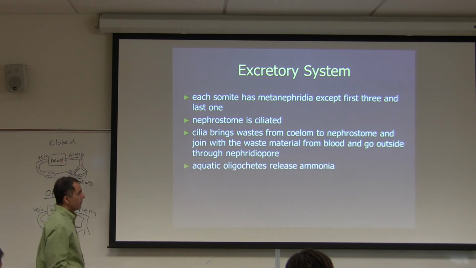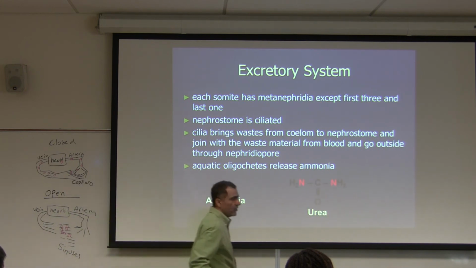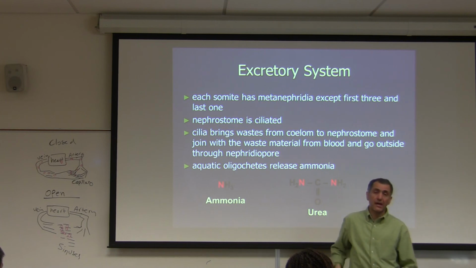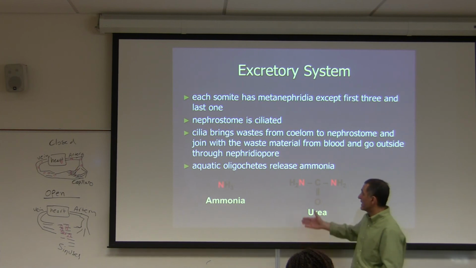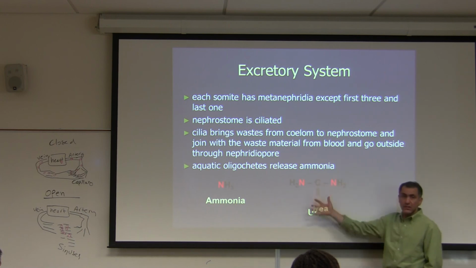pore. Aquatic oligochaetes release... it's something I expect you to know, the difference. Maybe for the final also, but for this exam, definitely the difference between ammonia and urea, their structures.